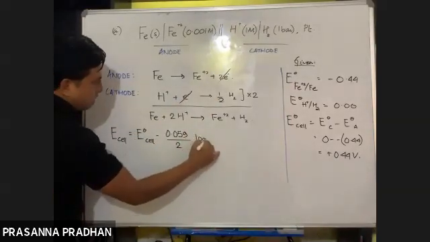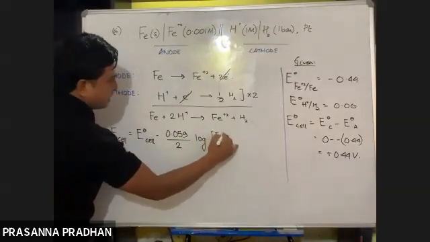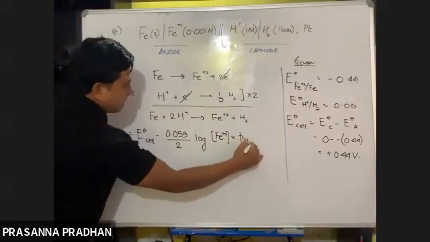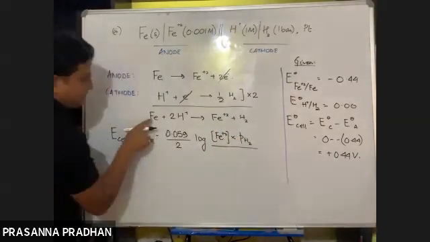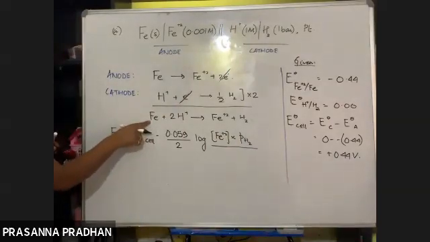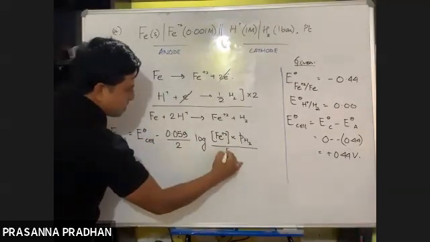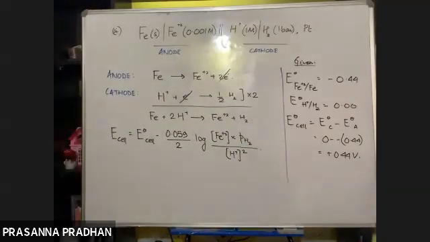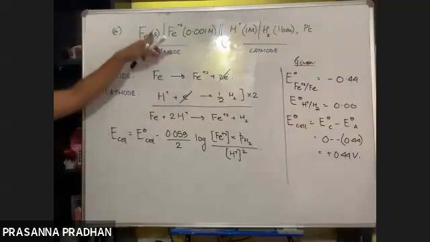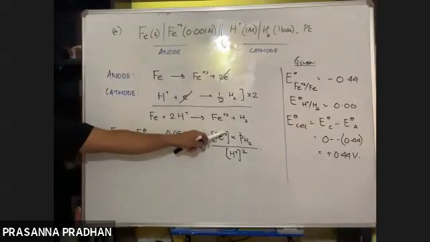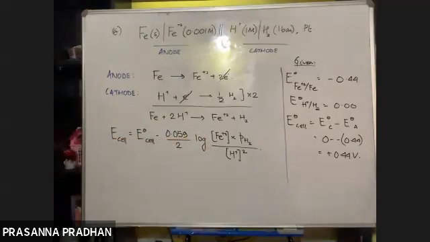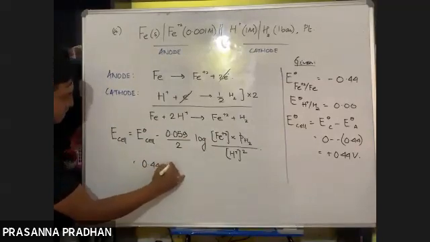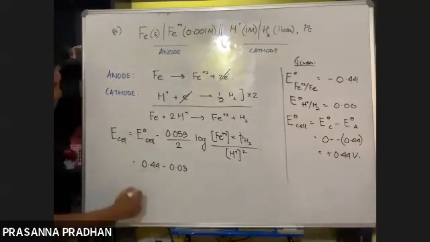So 2, log of concentration of iron ion into partial pressure of hydrogen gas, divided by the concentration of iron, which is a pure solid, 1, divided by concentration of hydrogen ion to the power 2. The concentration of iron, which is a pure solid, is assumed to be 1. This is an iron ion. So what is the value of E naught cell now? 0.44 minus 0.03, I'll assume this.